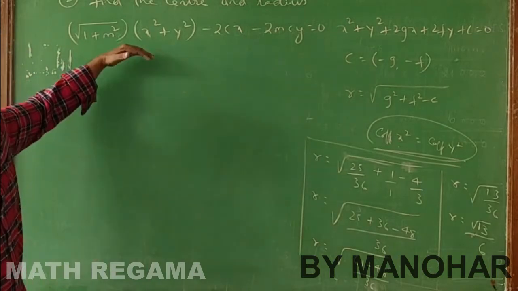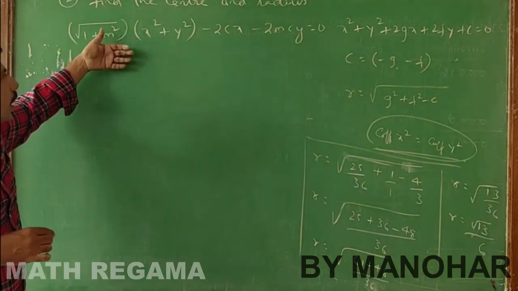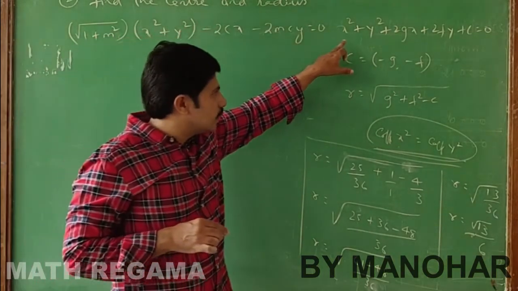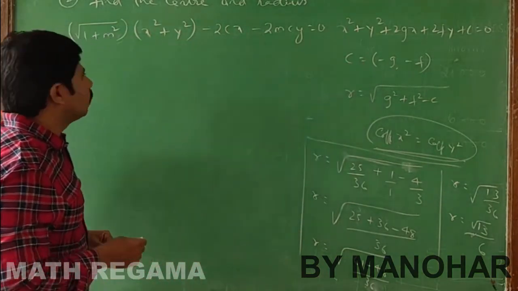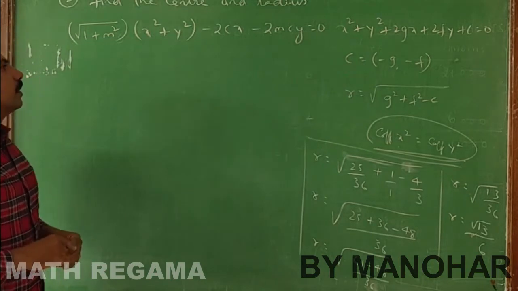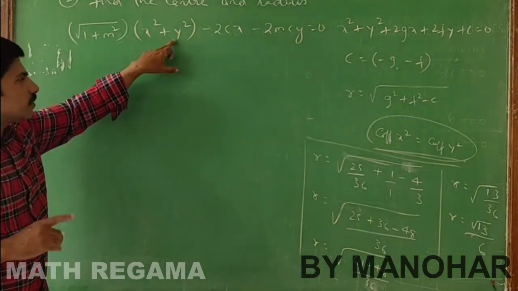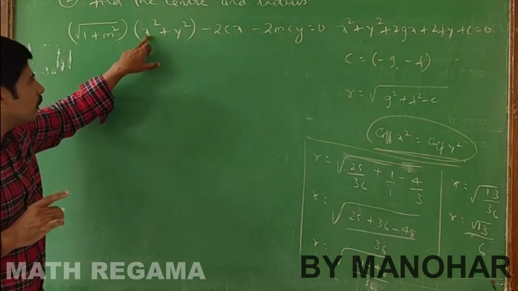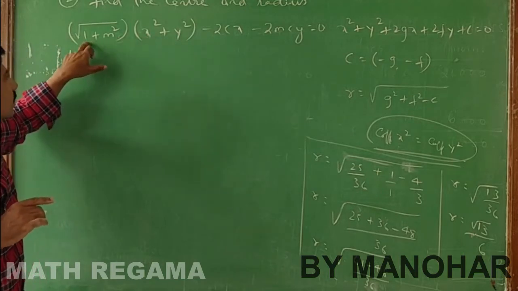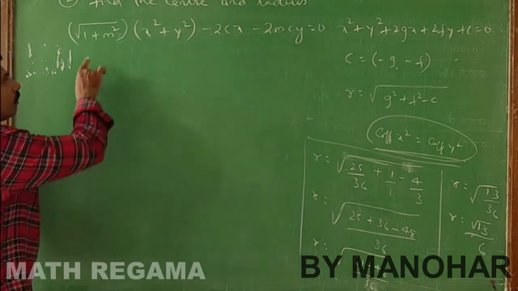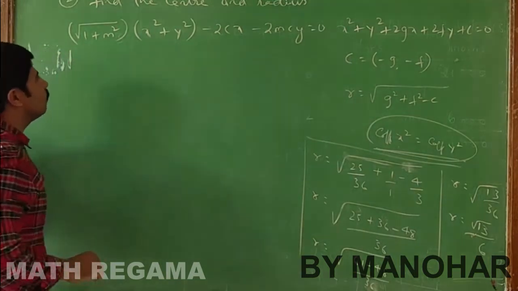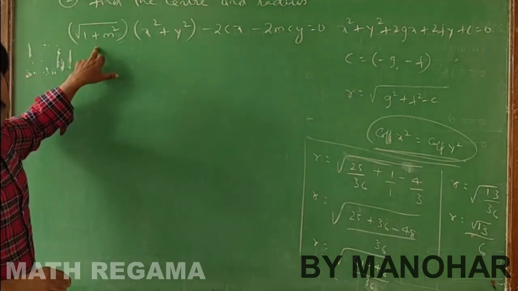Whenever you are solving a problem on center and radius, always write the general equation and write the formula to the right side. Now we solve this. See, the coefficient of x square and y square must be unity, but here the coefficient of x square and y square is under root of 1 plus m square. To make this unity, we divide the complete equation by under root of 1 plus m square.